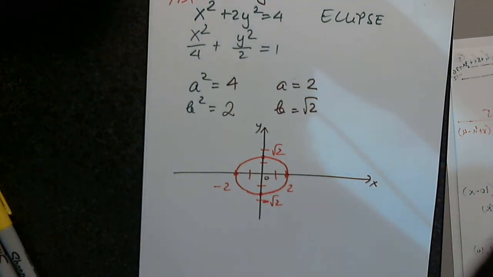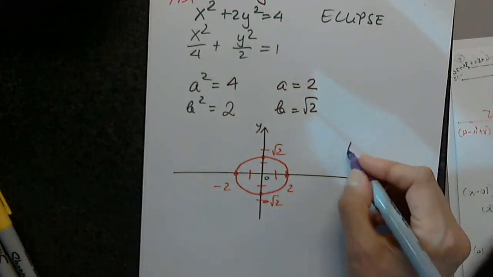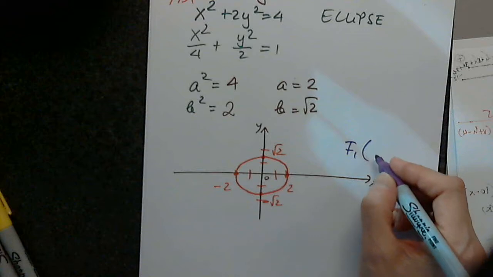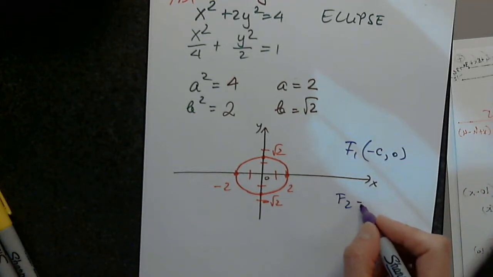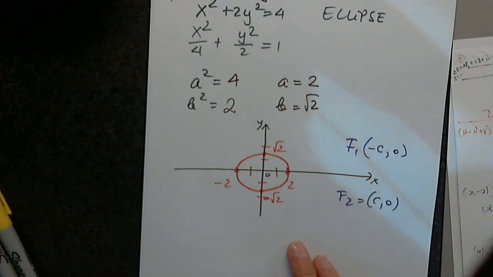Okay, very good. Then we need to find the foci also. So we know that f1 will be negative c comma 0, and f2 will be c comma 0.